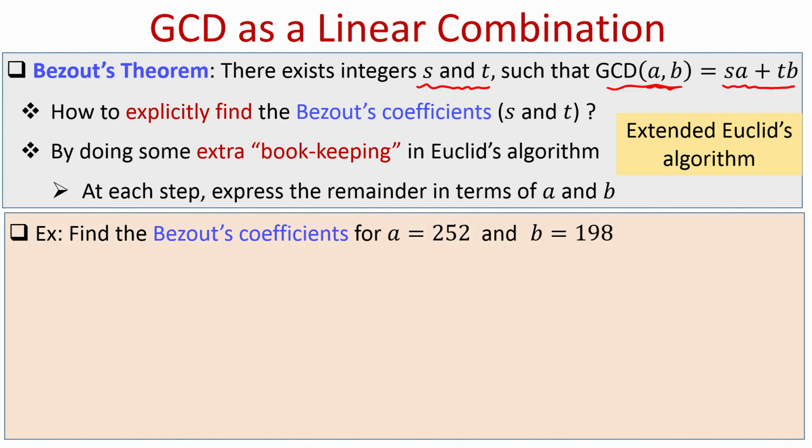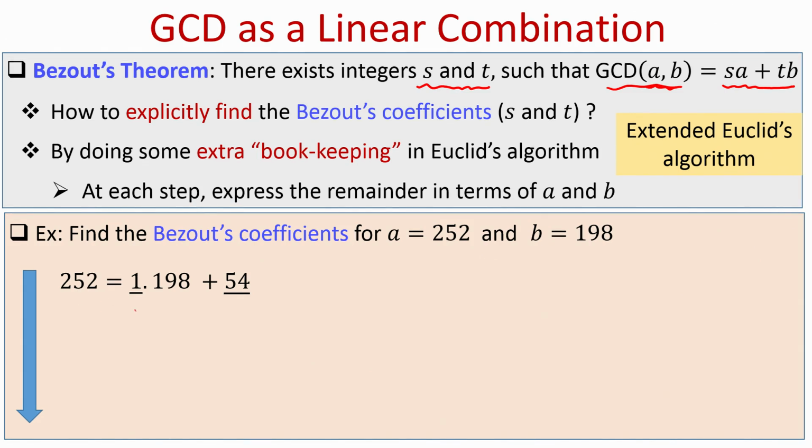Let me demonstrate it. Suppose you want to find the linear combiners, or Bezout's coefficients, for the numbers a equal to 252 and b equal to 198. The way Euclid's GCD algorithm will operate for this input is as follows.